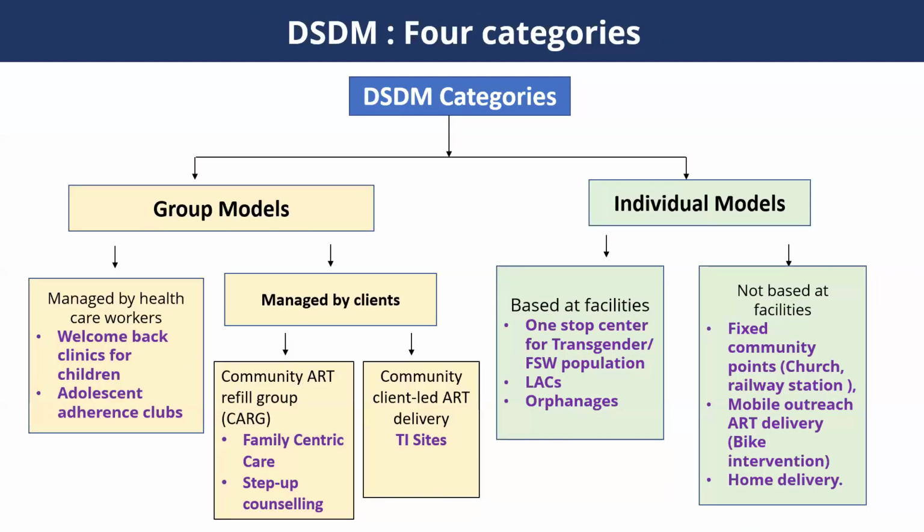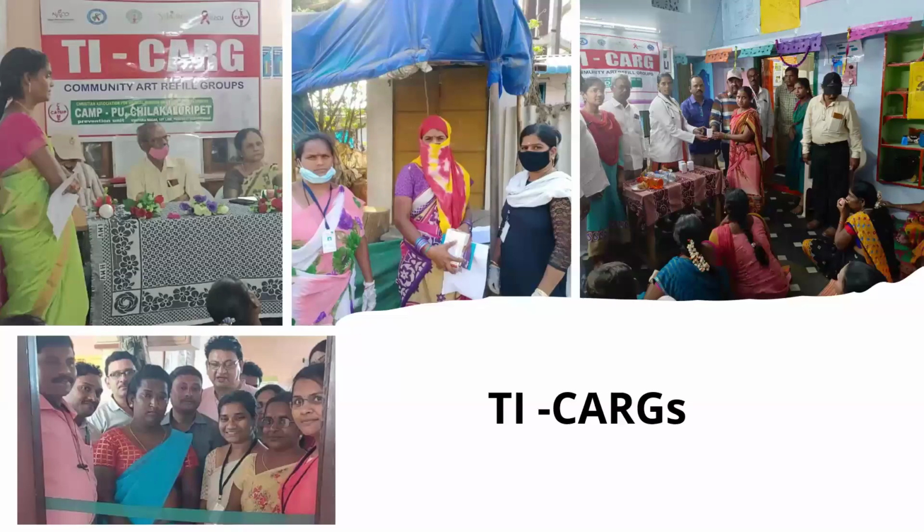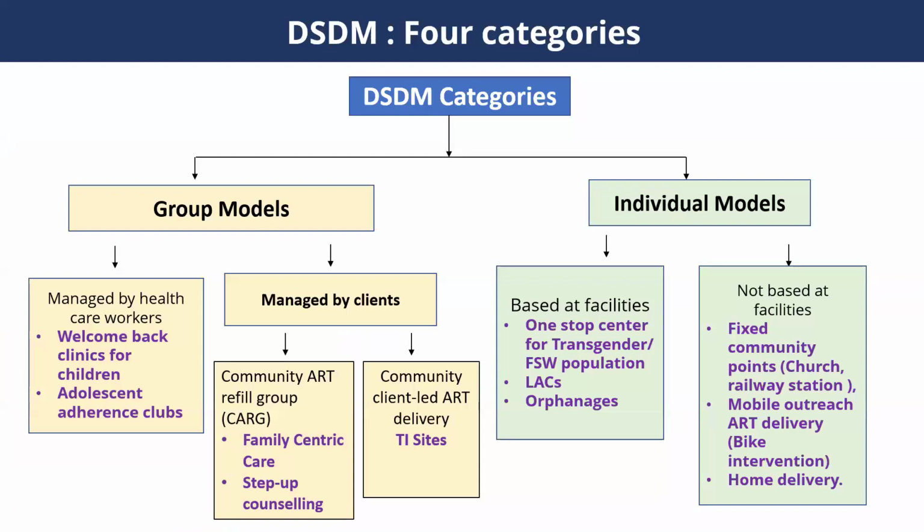And you have different modalities where you have these differentiated care things, like group models. For example, family centric care is one other very good example. In certain states that are actually implementing family centric care, we see that retention is really higher, and the children are coming back for their routine viral loads regularly, because we are monitoring the child and the parent as one single unit.